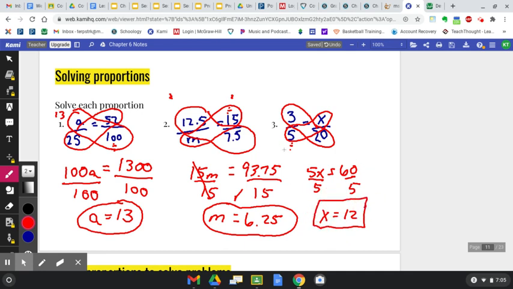And if you think about it, right, they're proportional. The values are the same. If I did 5 times 4, I get 20. If I did 3 times 4, I get 12, right? So that would be a proportional statement. They would be equal fractions.